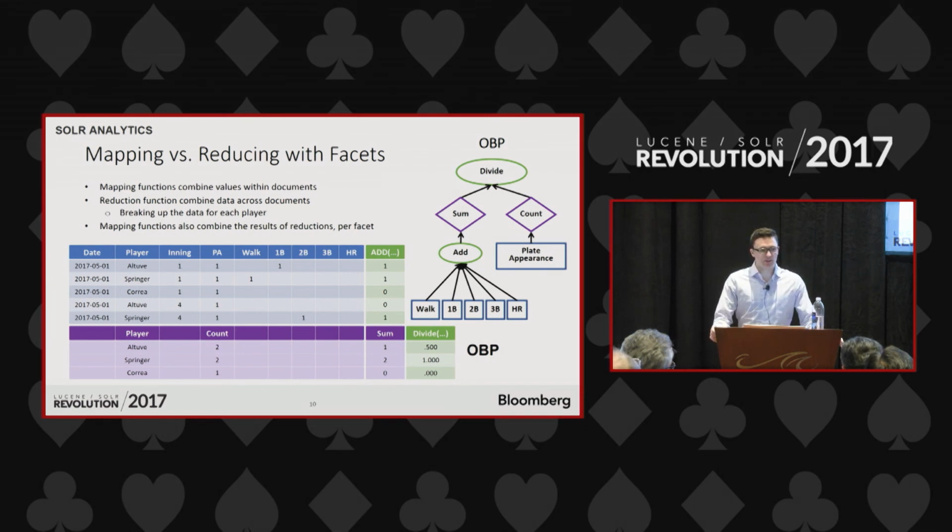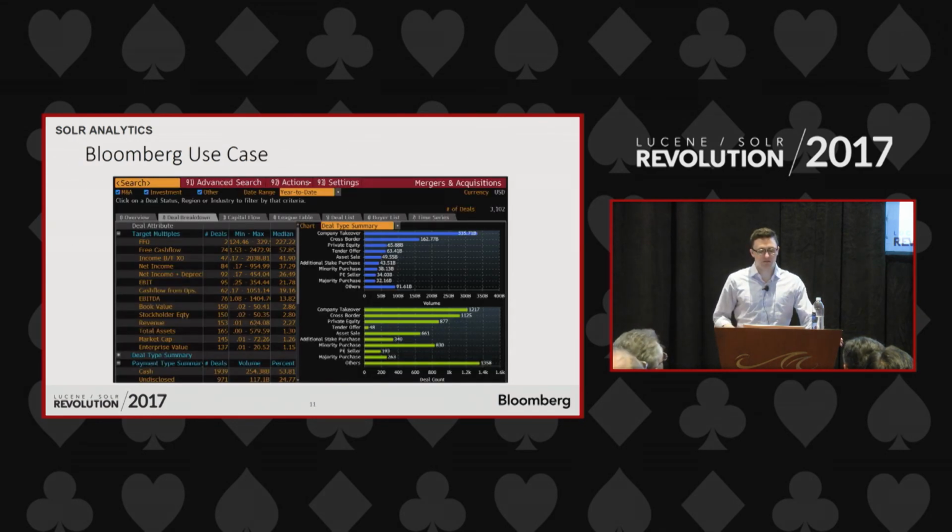At Bloomberg, we use this in a variety of ways. For example, we have a mergers and acquisitions function. This gives the data on how big the deals are when companies buy other companies and that kind of thing. This entire screen is powered by the analytics component in Solr.